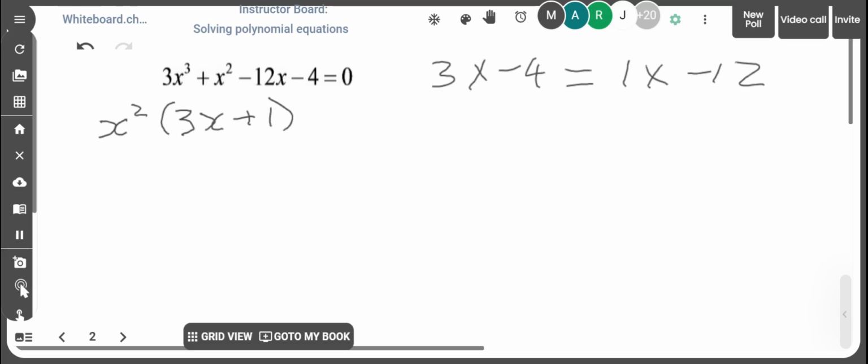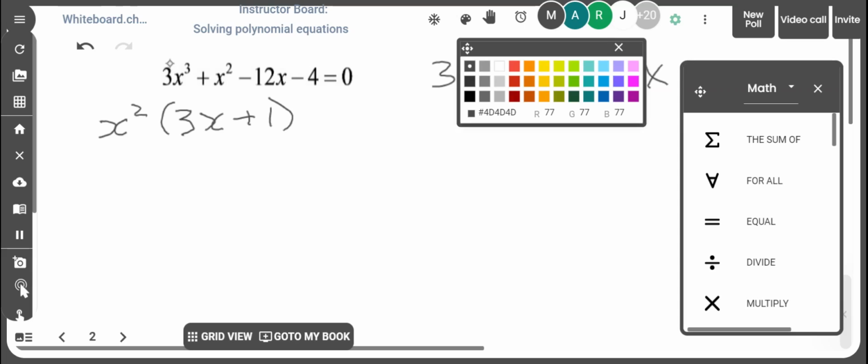Okay, what I was saying before is that the way that you know that this can be factored by grouping, and thanks for the question, by the way, is when you multiply this number by the constant, the coefficient of the x cubed term, which is the first part of what I did, it's equal to the product of this coefficient and this coefficient.